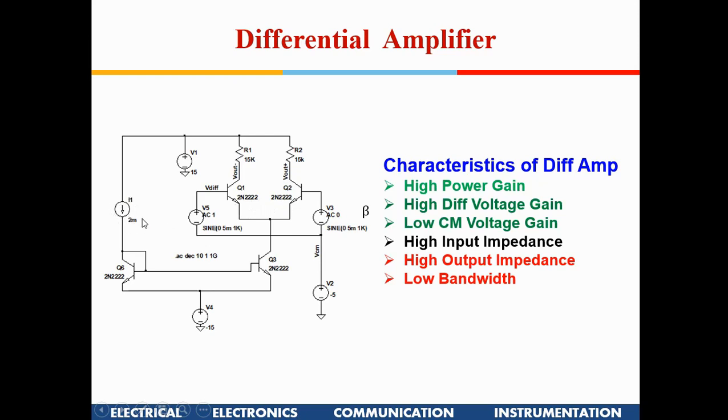So for that I take an I reference of 2 milliampere. What is this I reference? This is a current which is independent of VDD and also independent of temperature. So come what may, this is a very highly stable reference current. I apply it onto this transistor, and these two transistors have their bases connected to each other.